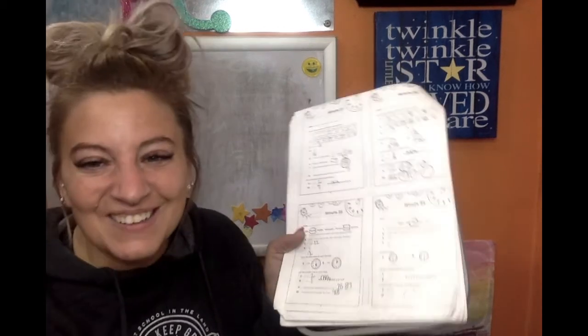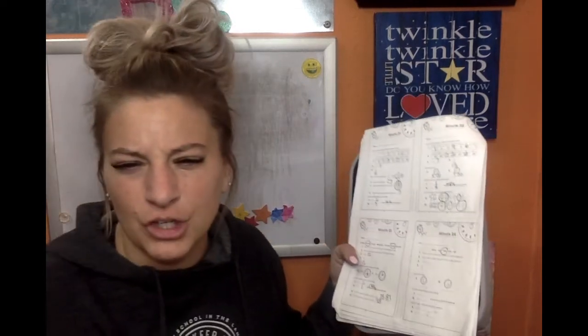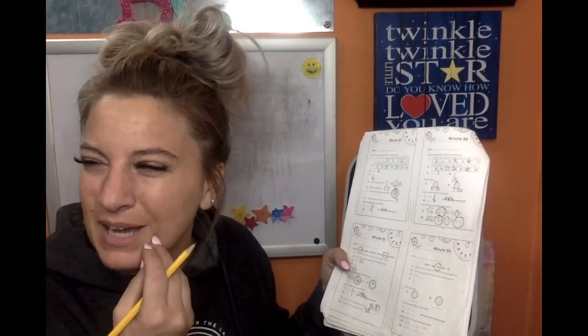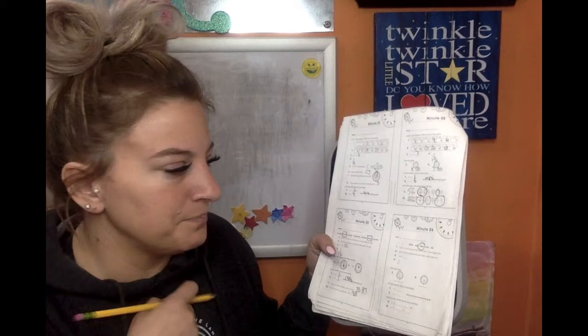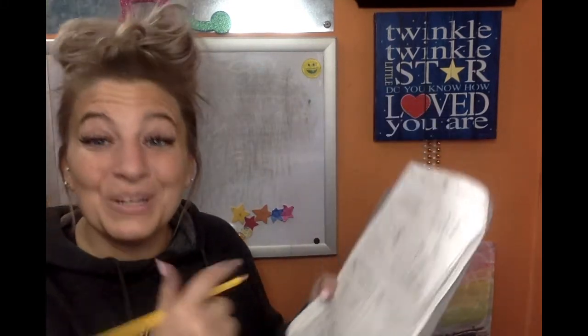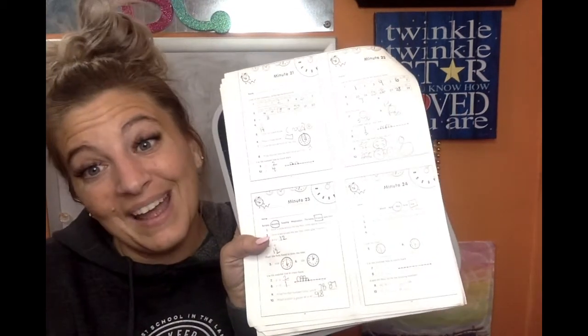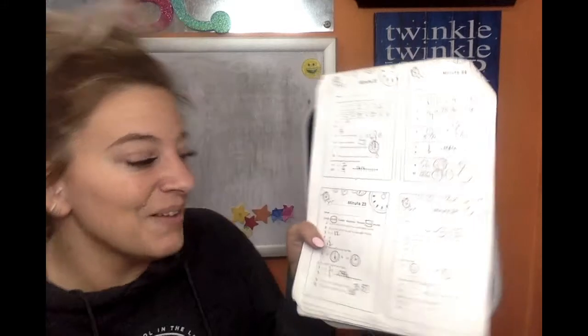May! Circle May. All right, well, what month comes after June? We're going to put a box around the month that comes after June. What comes after June? July! Very good. May, June, July.